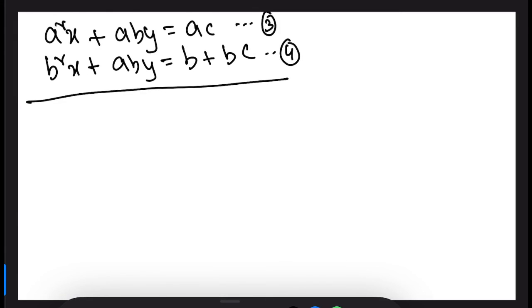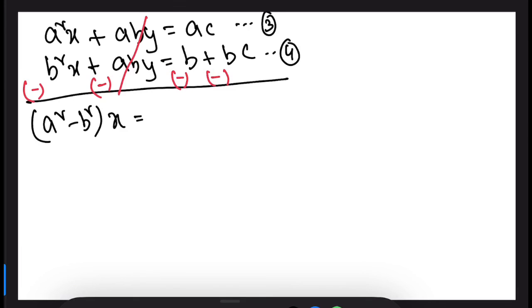So we have to subtract, minus, this one will become minus b, and plus bc becomes minus bc. Now these two get cancelled. So now here x is common, so a square minus b square into x is equal to ac minus b minus bc.